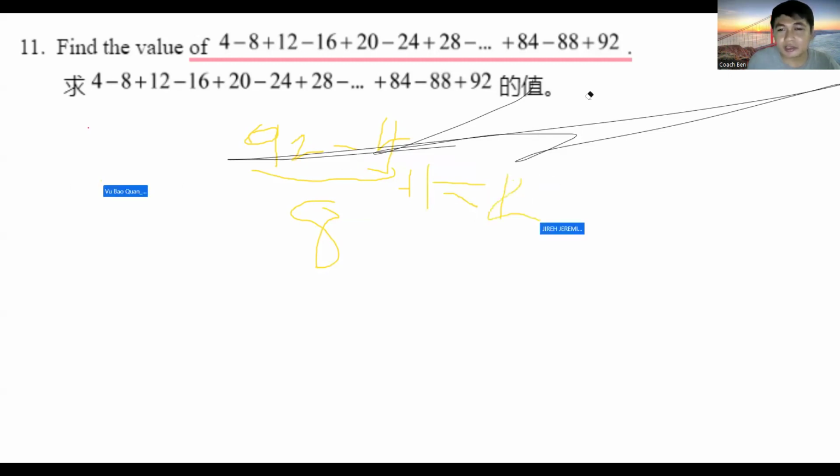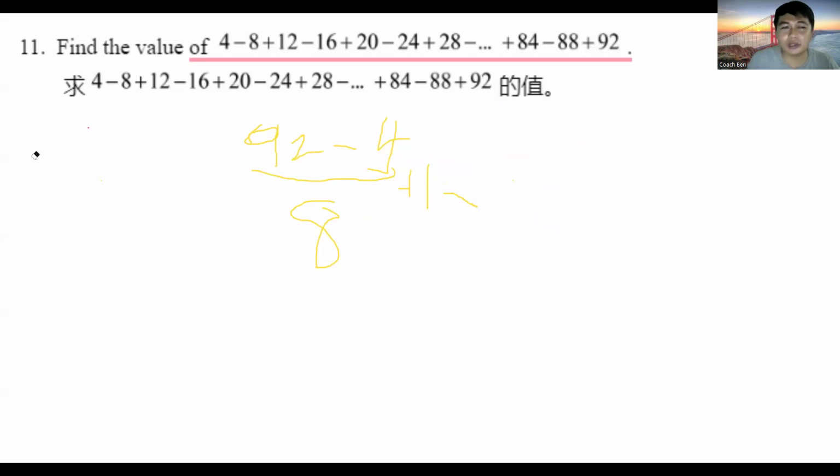Please don't annotate or scribble while your classmate is answering, okay? Please stop writing, okay? Thank you.